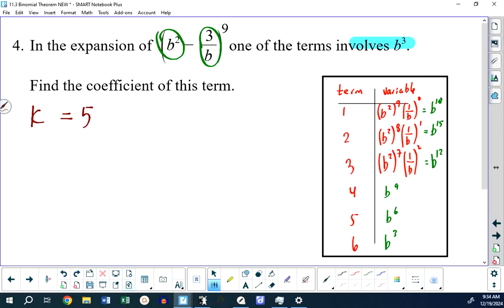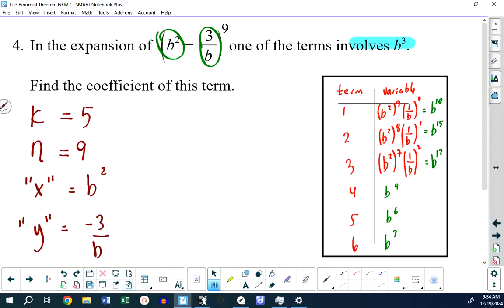That's the only reason we did all that. We know that the term we're after is k equals 5. That came out wrong. The term we're after has a value of k equals 5. All of the terms use n equals 9 and x equals b squared and y equals negative 3 over b.